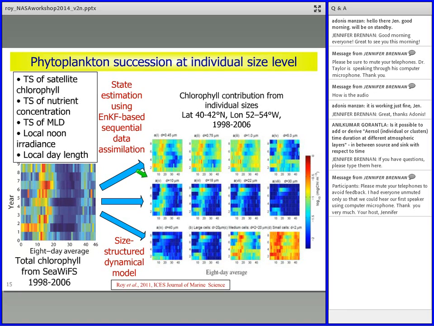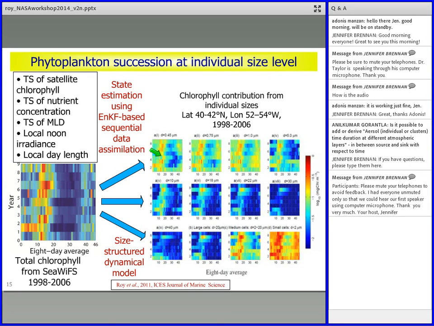And so we split the total chlorophyll into the chlorophyll at individual size. I show here 10 sizes, starting from 0.45 micrometers and going up to 40 micrometers. And then we can obviously pool them together to get the large cells, medium cells, and small cells.